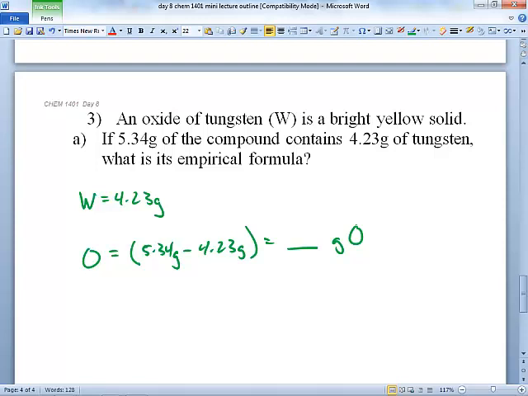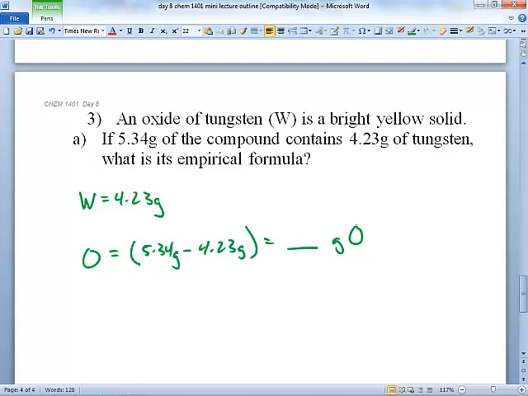Looks exactly right. Good, you got it. Now you just got to convert them all to moles. Oh, sorry. We just wrote down the wrong number.